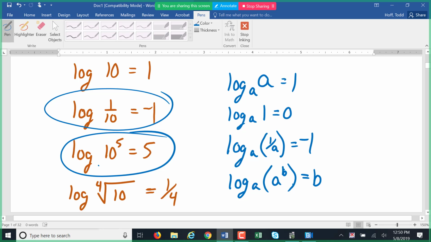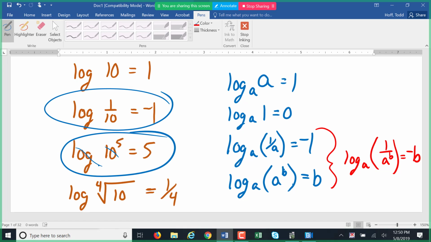Just like log base 10 of 10 to the 5th, the log base 10 and the 10 cancel out, it's just 5. Now I can combine these last two, by the way. Log base A of 1 over A to the B is going to be negative B. Because log base A of A to the B is just B, log base A of a reciprocal is negative.